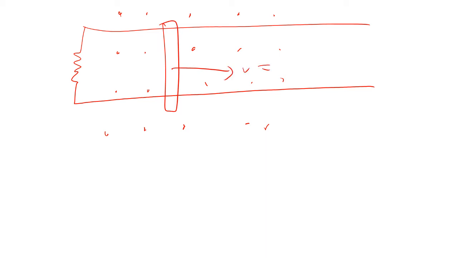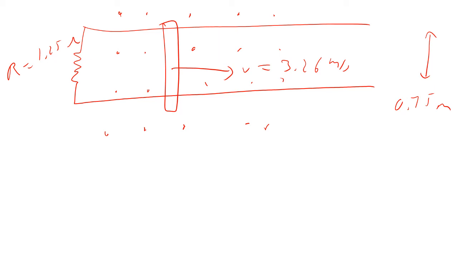So let's say the velocity is going to be 3.26 meters per second. Let's say that these two rails are 0.75 meters apart. Let's say that the resistance over here is 1.25 ohms. And so I want to know, what is the force on that bar as I'm pulling it?